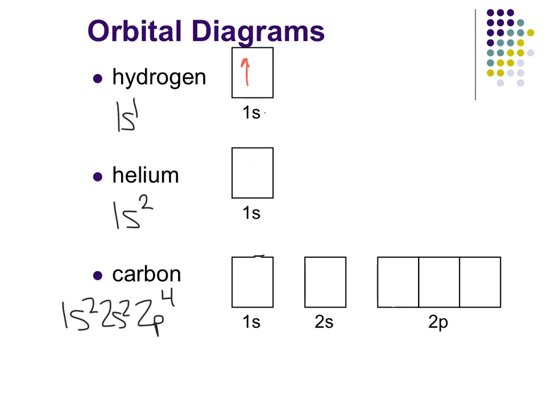Most people draw the up arrow first. Then let's look at helium. With helium, I've got 2 electrons to place in the 1s orbital, right? So the first one would go up, and then the second one would go down. You would never want to put 2 arrows going the same direction in the same box. That would violate our rules.